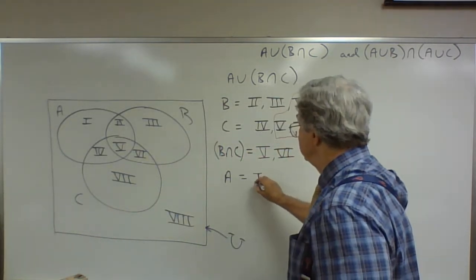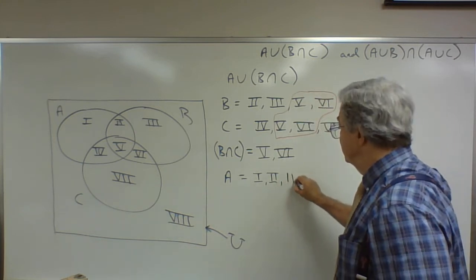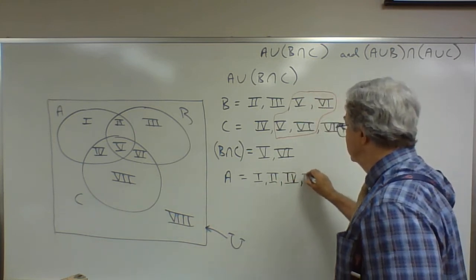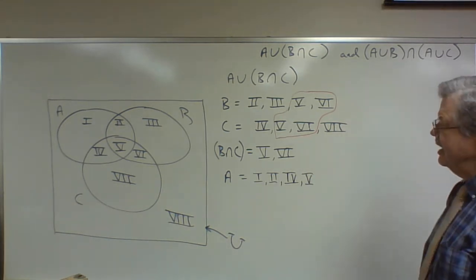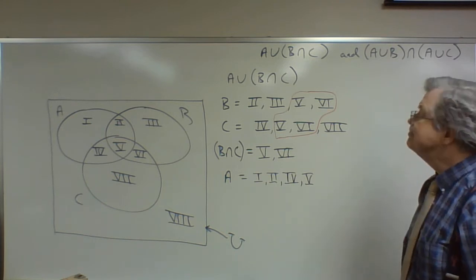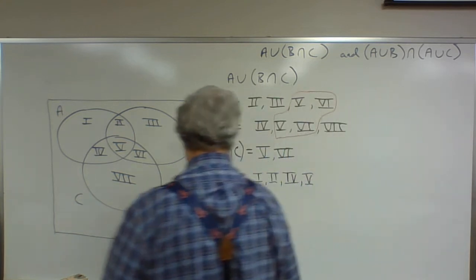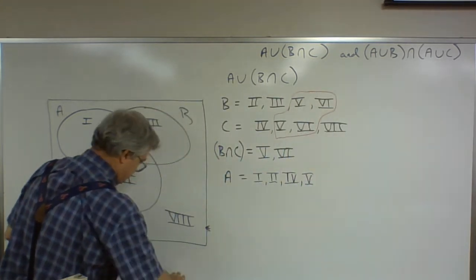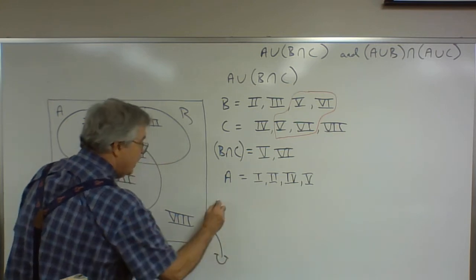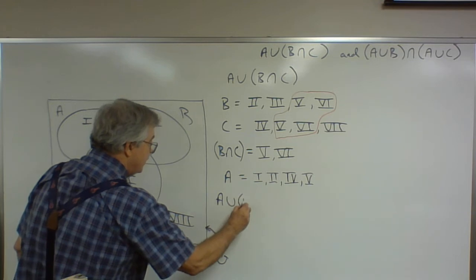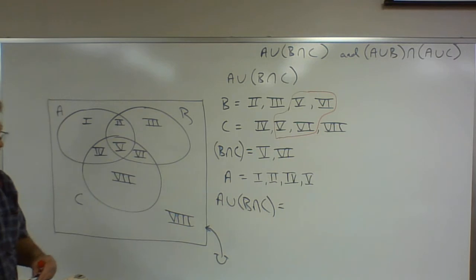Now I can do A union B intersect C. What is this?